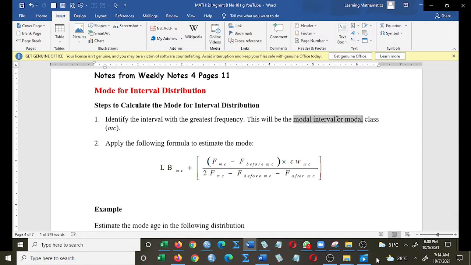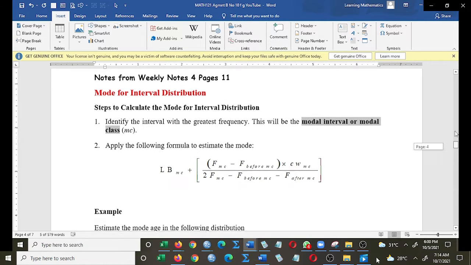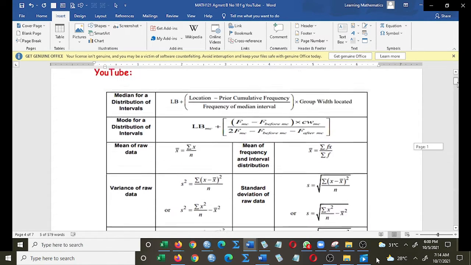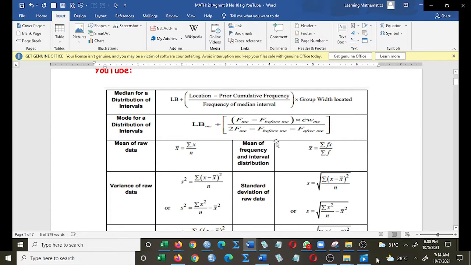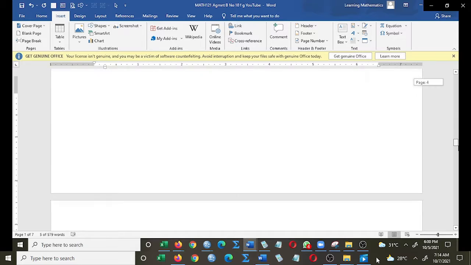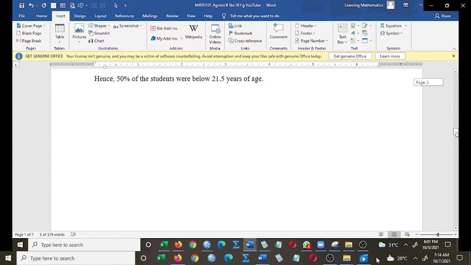Class is another word for interval. Apply the formula to estimate the mode. This formula is provided to you. Here it is, the second formula, mode for distribution of intervals. The mode formula will be provided to you.